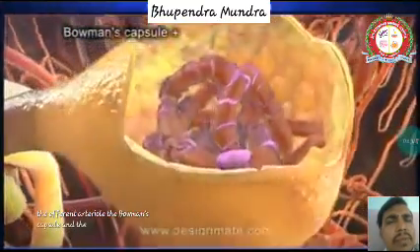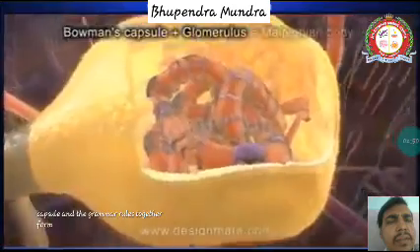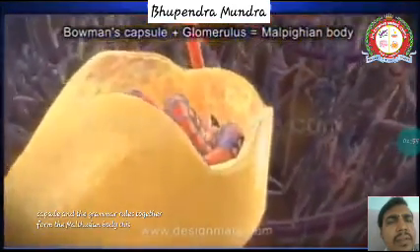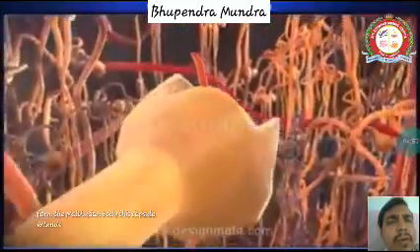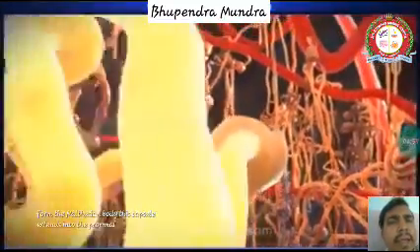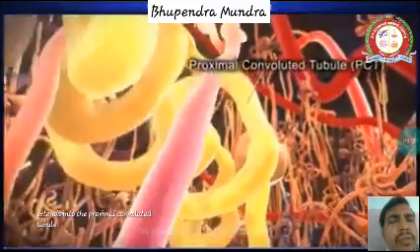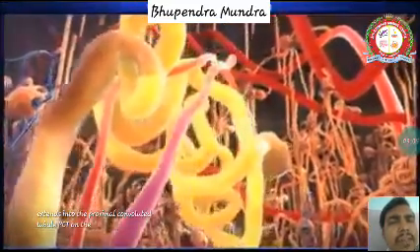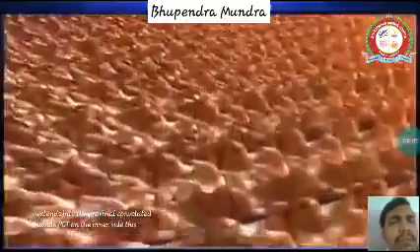The Bowman's capsule and the glomerulus together form a renal tubule, which extends into the proximal convoluted tubule, or PCT.